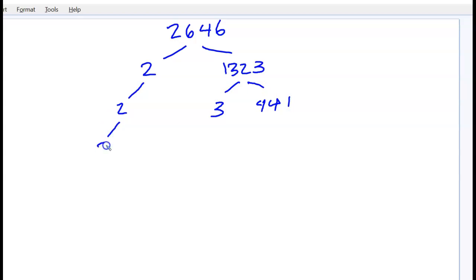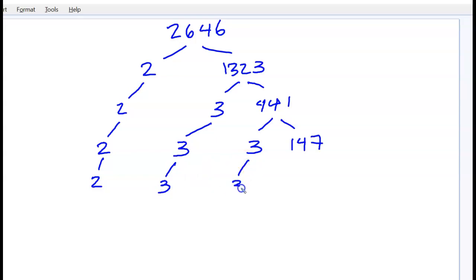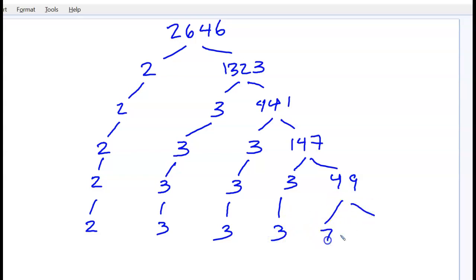So now I have 2 that's prime, 3 that's prime. 441 breaks down into 3 times 147. And now 147 breaks down into 3 times 49, and we're getting very close. 49 breaks down into 7 times 7.